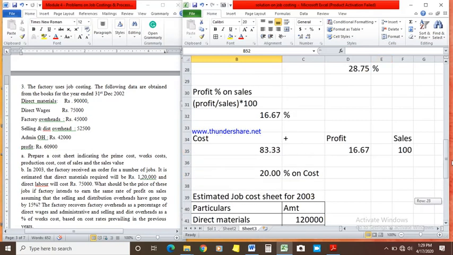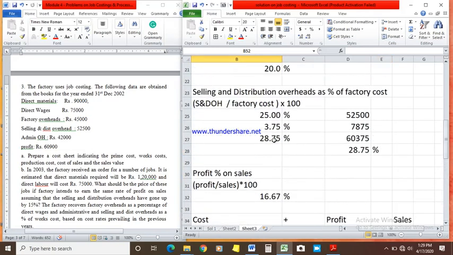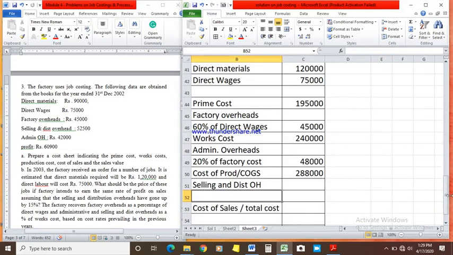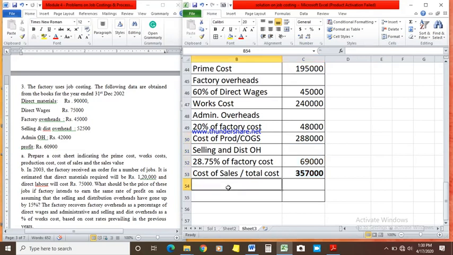Then we have selling and distribution overheads. This selling and distribution overhead is computed as 28.75% of factory cost, that is 0.2875 multiplied by 2,40,000. So we now get the total cost. For the total cost we are going to add the profit.